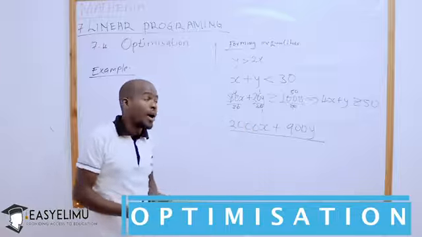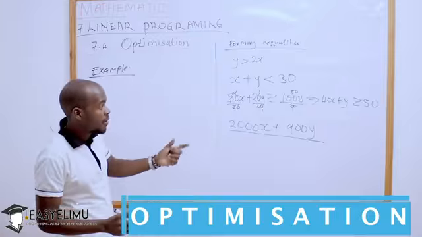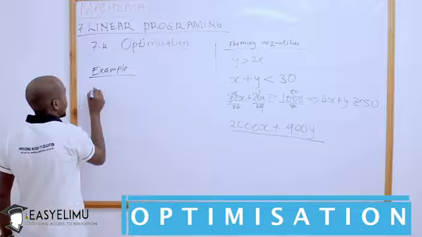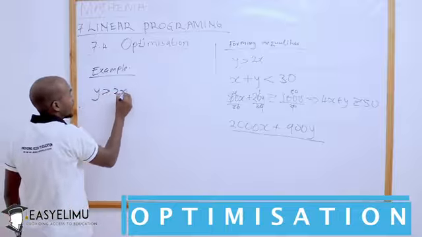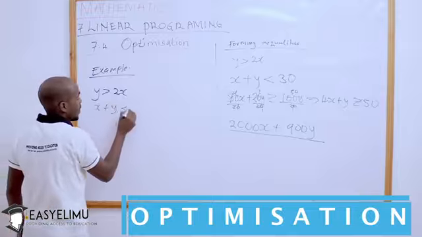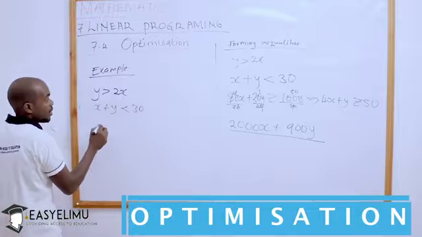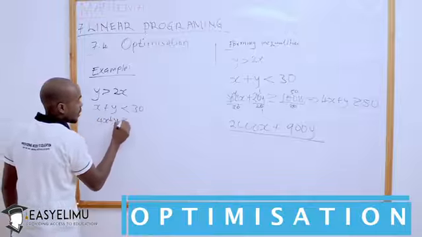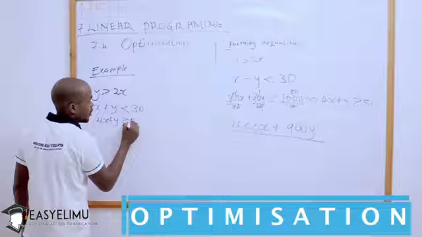So let's solve our problem. Having formed the inequalities, we can now solve. We have y is greater than 2x, x plus y is less than 30, and also 4x plus y is greater than or equal to 50.